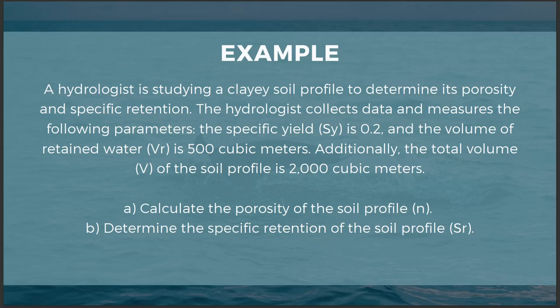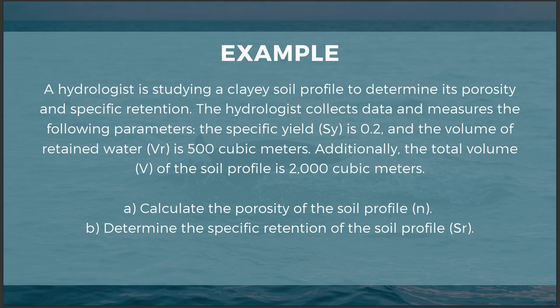So what would be the answer? So 0.2 plus 500 over 2,000. So the answer is 0.45. So that is now the porosity of the soil profile.